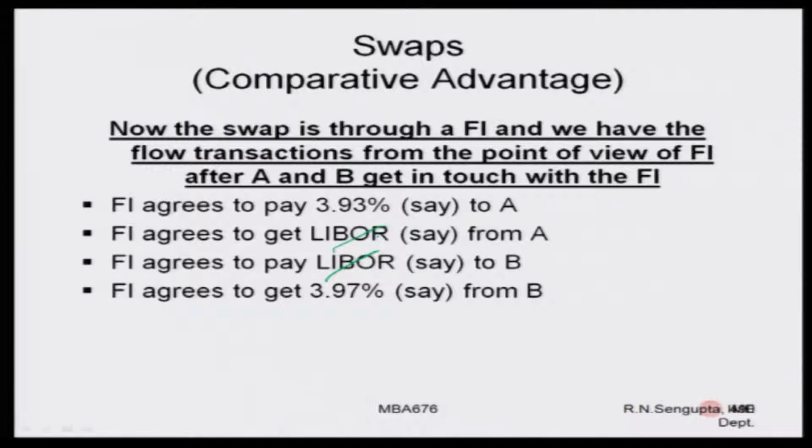So, this 0.04, which is the profit for FI, is being shared equally, 0.02 by A and 0.02 by B. If you draw the diagram at the end of the result, you will find out that is the case.